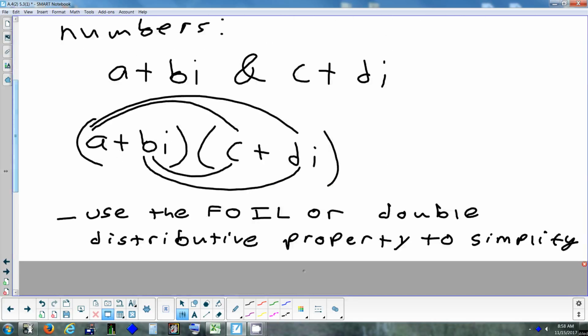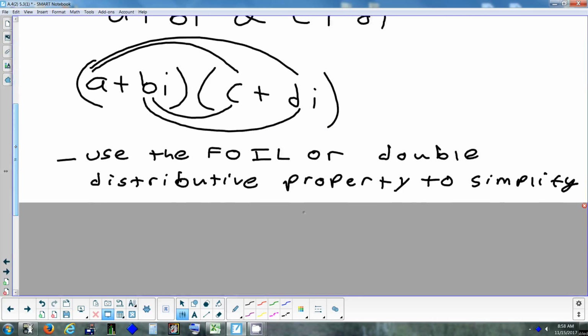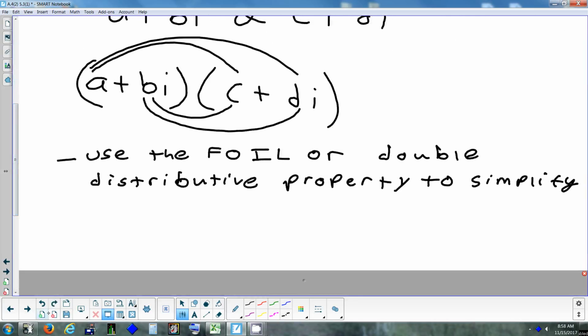Whatever you call it, that's the pattern you follow. Other than that, there's really nothing else to say about multiplying. If you know how to multiply these two things together, then you can multiply complex numbers, no problem.